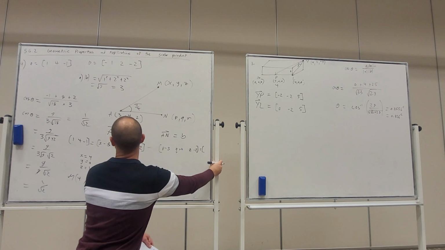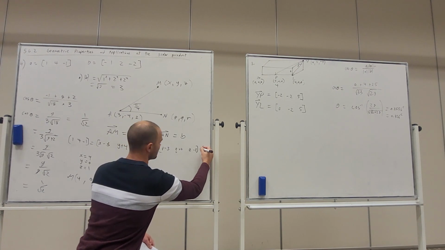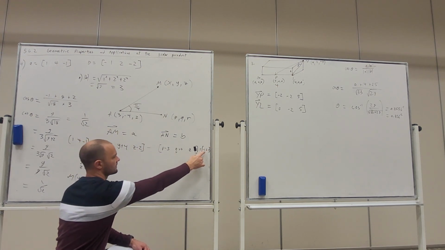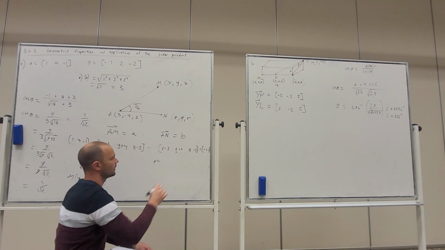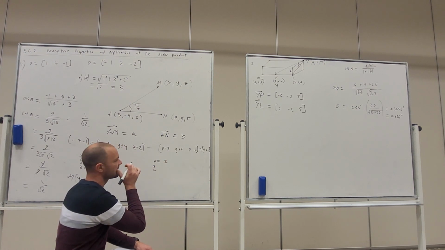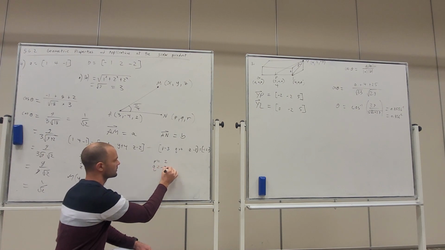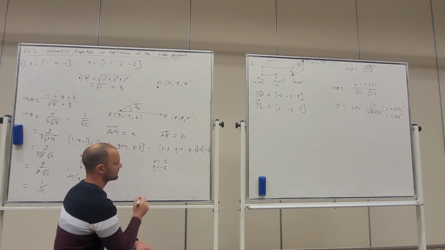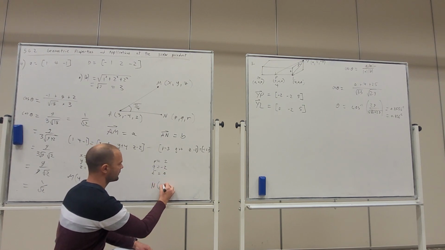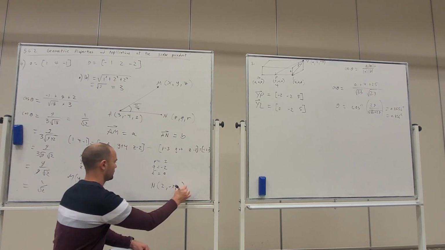Same vector, and it's equal to minus 1, 2, minus 2. Alright, so P take 3 is minus 1, so we'll have P is positive 2. Q plus 4 is 2, so Q is minus 2. And R take 2 is minus 2, so R is 0. So the coordinates of N then are 2, minus 2, 0.